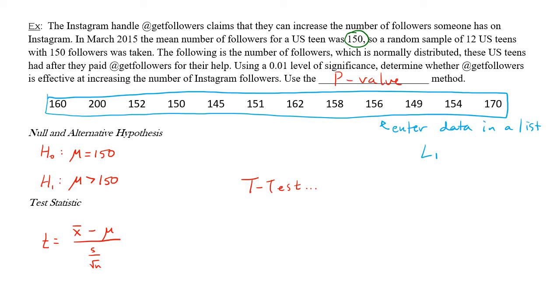So now for the input, we need to make sure for t-test here, when I go to t-test, the very first thing it says is input. So rather than stats, I'm going to have it set to data.